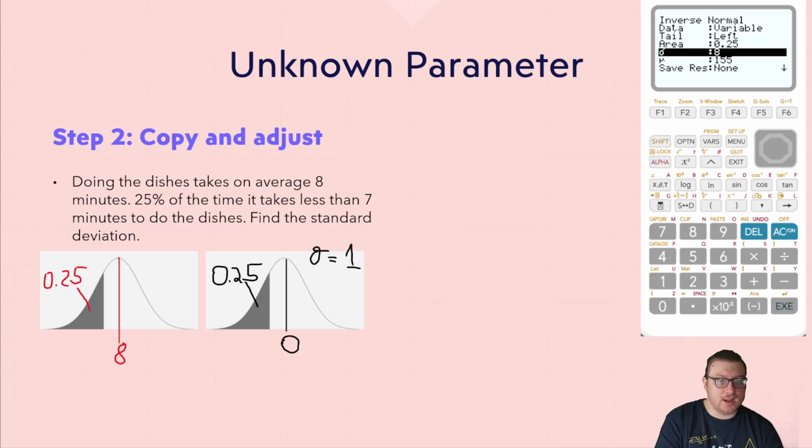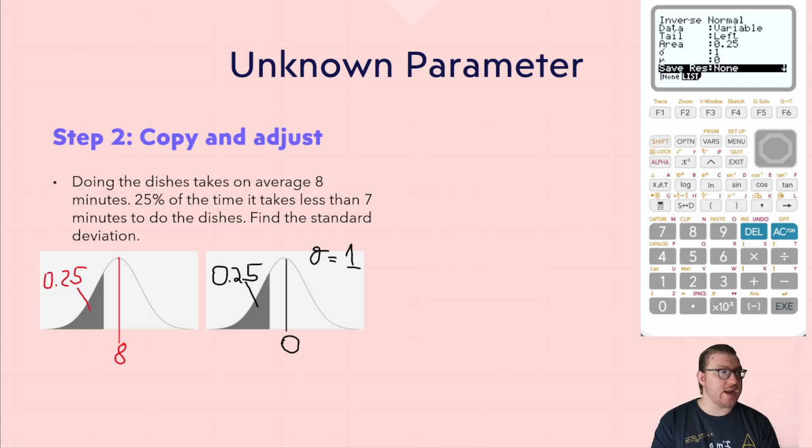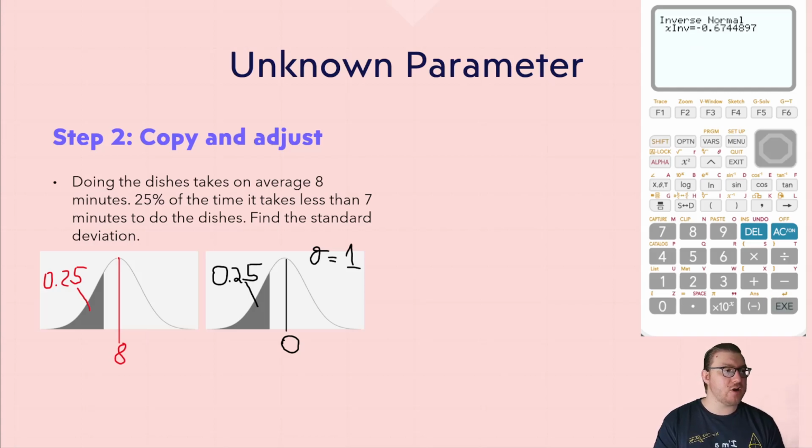Now, the standard deviation and the mean, we have to use from our second graph because we have to put them in to get a value. And that's why we do our second graph. So the standard deviation is going to be 1 and the mean is 0. And we're going to press enter. And again, be very careful. This minus sign is often forgotten because it's so small.